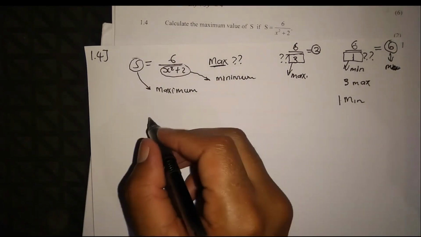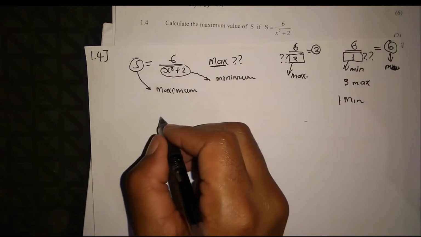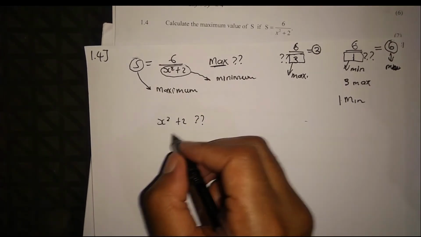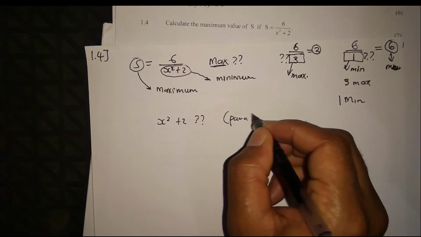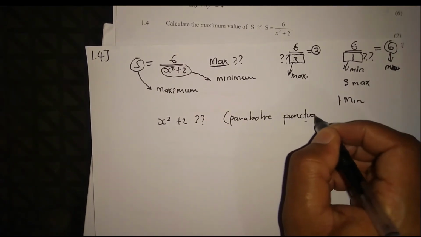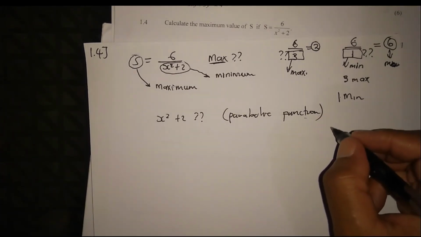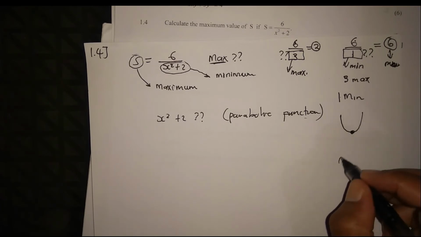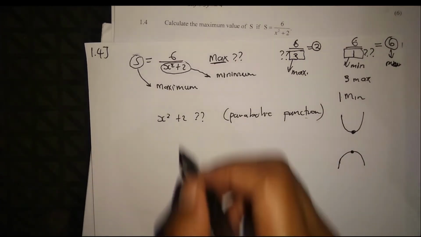So this expression, if you look at it, is x squared plus 2. It's a parabolic function. And we ask with a parabolic function whether it has a minimum or a maximum. So the same applies here.